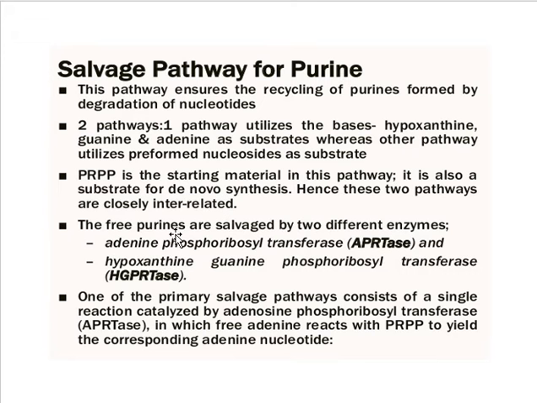The free purines are salvaged by two different enzymes. That is, the phosphoribosylation is catalyzed by two enzymes. One is the adenine phosphoribosyl transferase and the other one is the hypoxanthine guanine phosphoribosyl transferase.